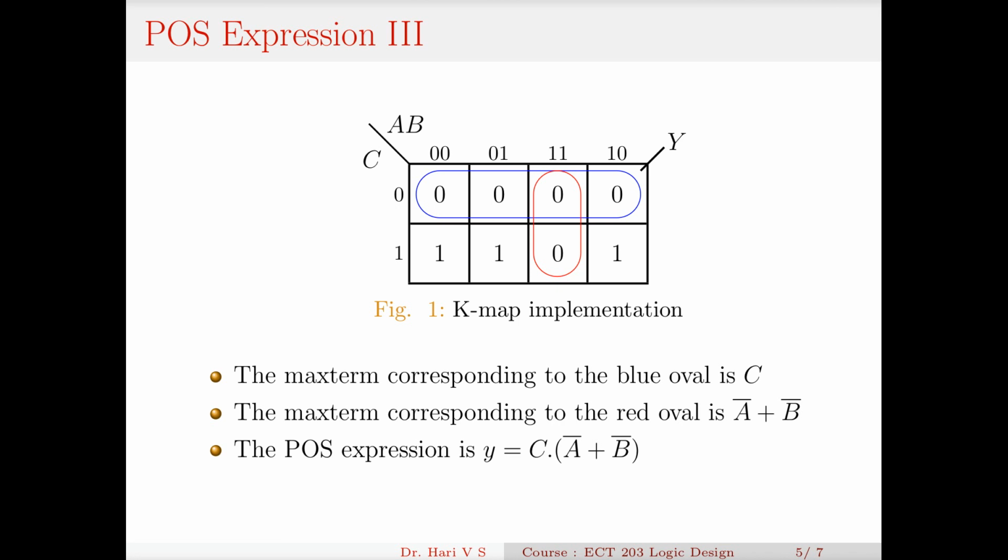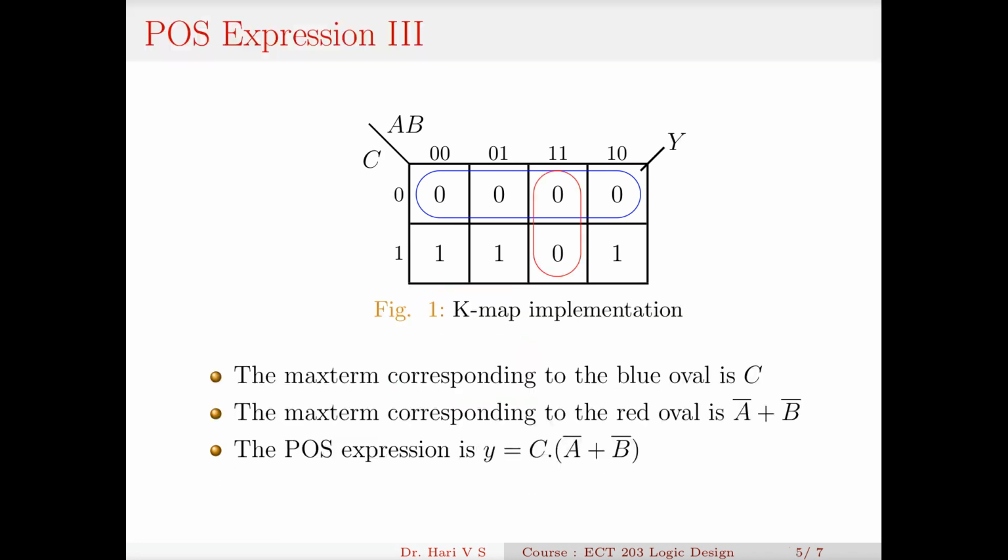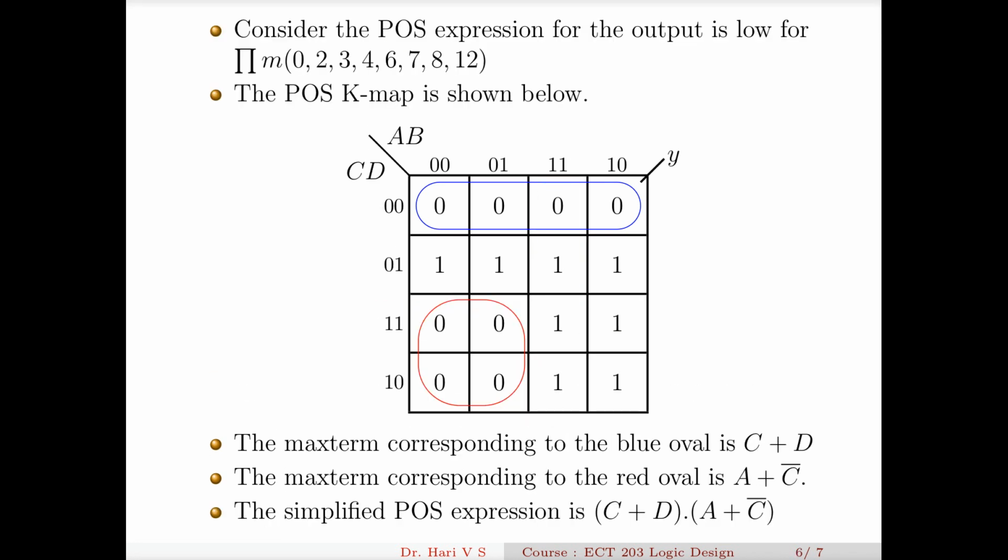You can verify this. You can design the circuit in Quartus and verify that. Now let us consider a four variable Karnaugh map. Suppose I have an expression where the complemented values, the zeros, occur at certain minterms.